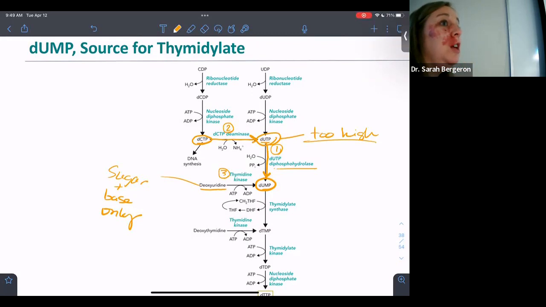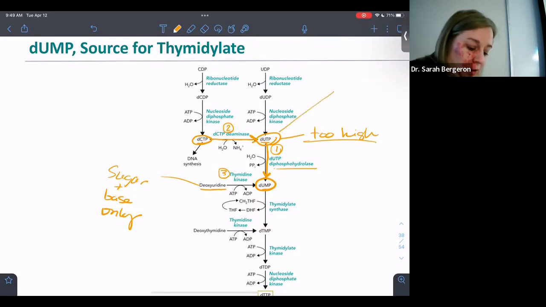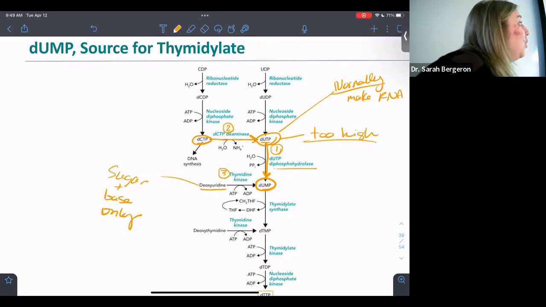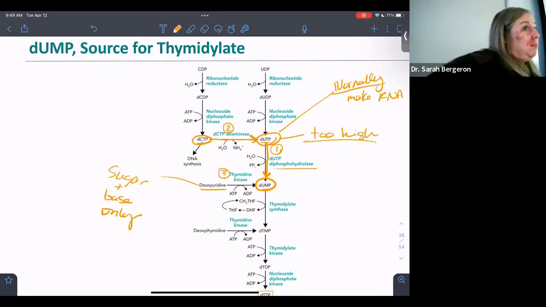If we get too much dUTP, what's the use for dUTP? What do we use it for normally? Make RNA. Okay. Now I'm telling you that we have so much dUTP that RNA doesn't need it anymore. Where might it go? Incorrectly.